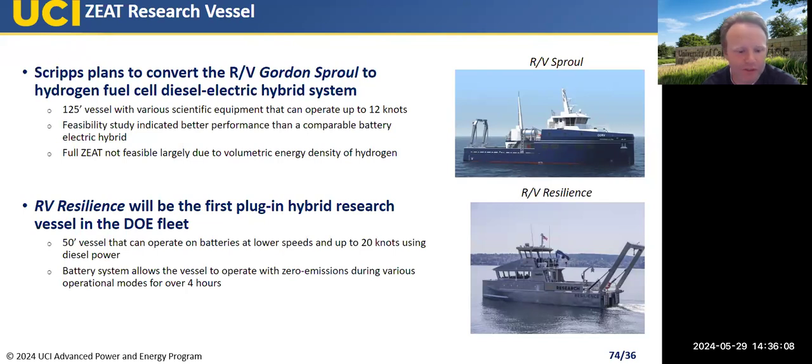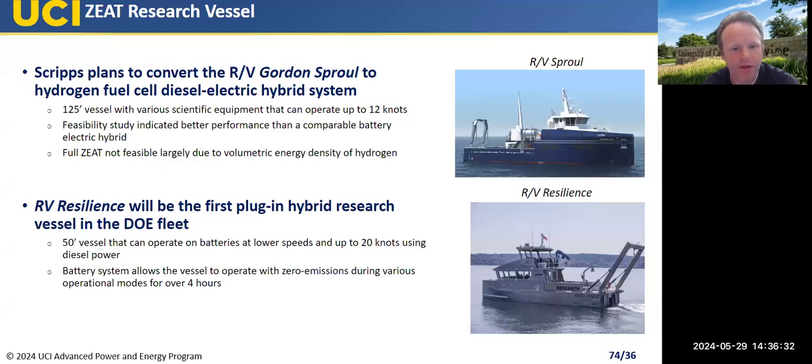One of the things that was interesting about this is they did a feasibility study and looked at a lot of different configurations. They found the hydrogen fuel cell hybrid had better performance than a battery electric hybrid.